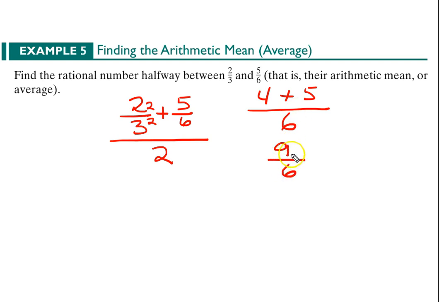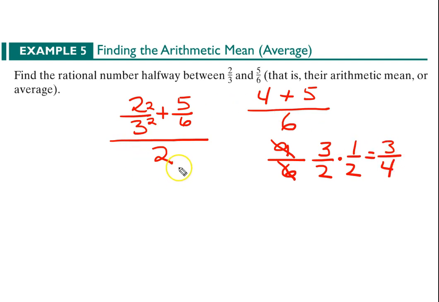9/6. Now I could simplify that, and this is going to become 3/2. Alright, so 3/2 is the equivalent fraction. But now I have to take half of this, that is, multiply it by 1/2, and this becomes 3/4.